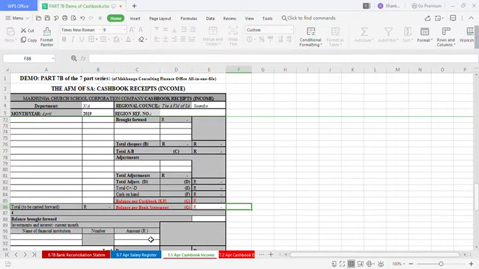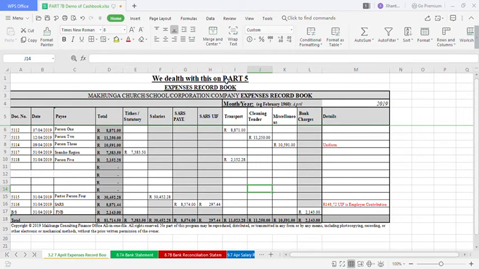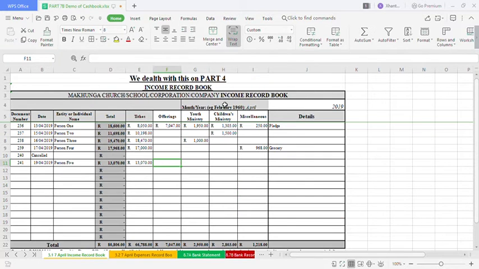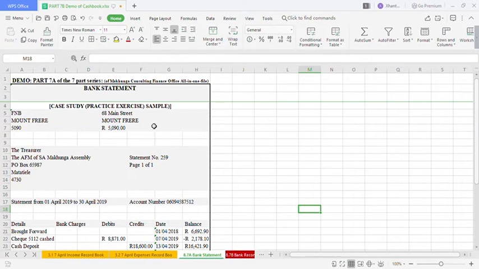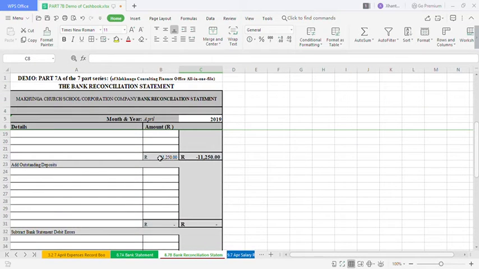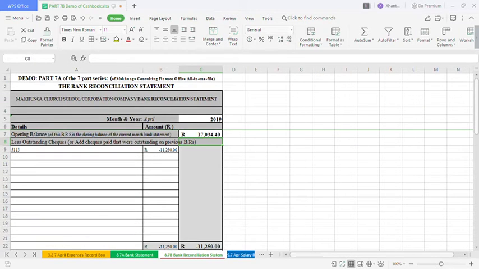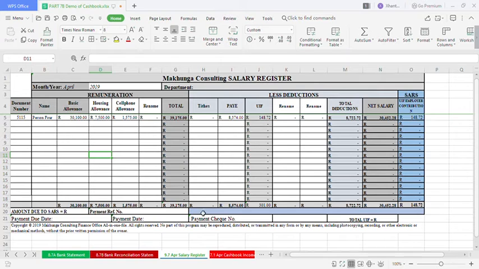The documents that are required in order to do this cashbook are: the income record book, the expenses record book, the bank statement, the bank reconciliation statement, and the salary register.